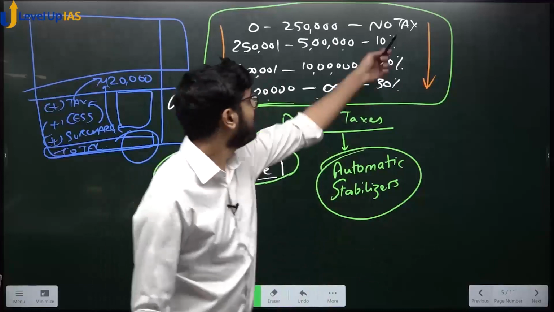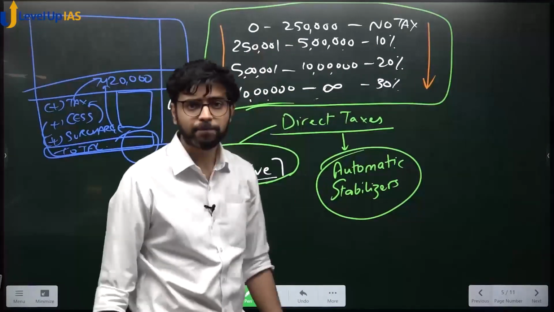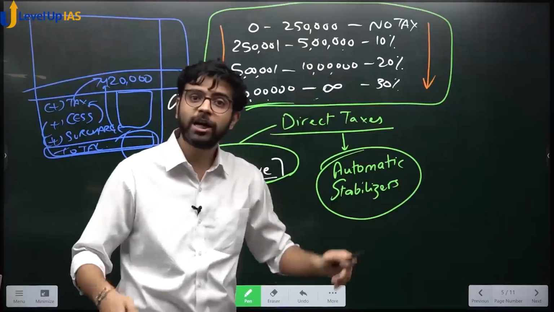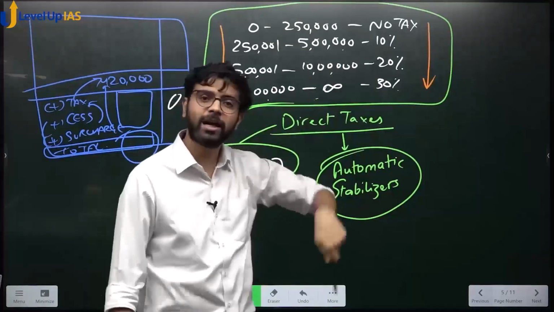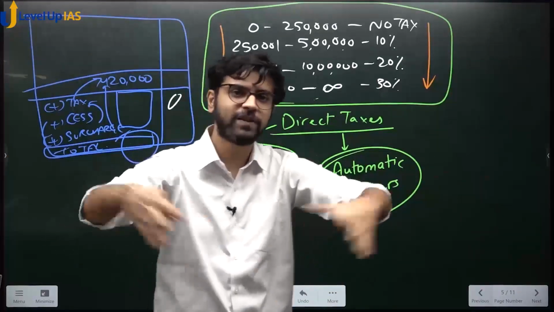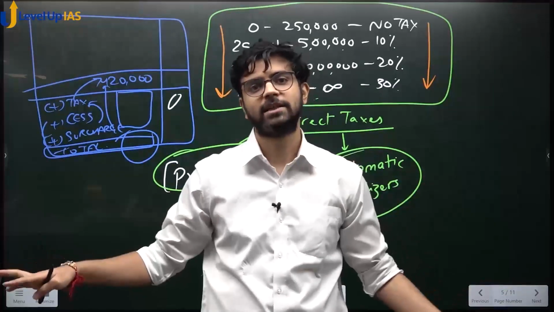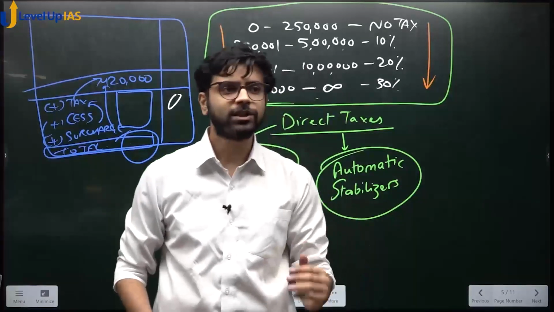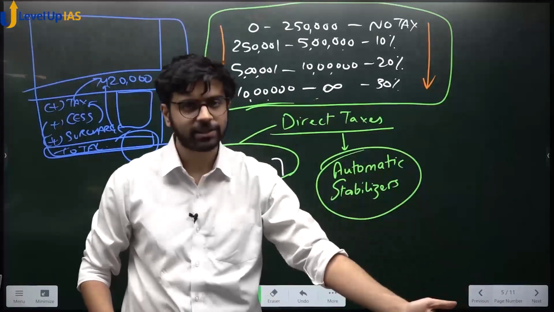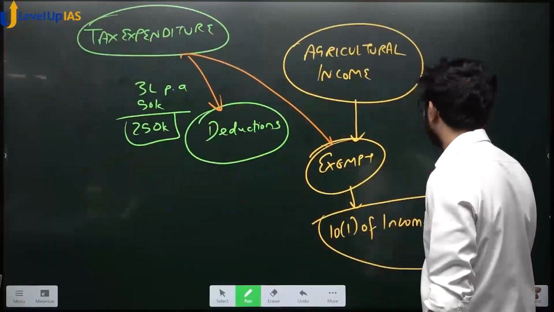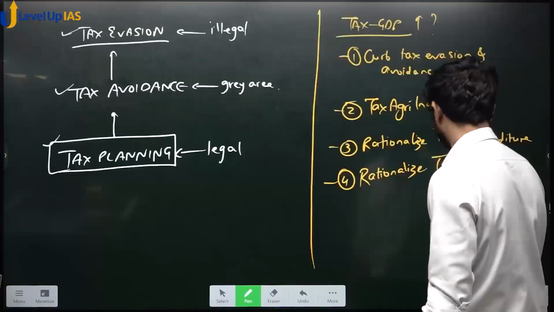People earning more than 1 lakh up to 2,50,000 who were till today not liable to pay tax, now they are liable to pay tax. I have increased my tax net. You know, net hota hai fishing net. I have increased my tax net. I have increased my tax base. Similarly, in indirect taxes, the more things you apply the tax to, your tax net and tax base increases. So these words are also very important: tax net and tax base.